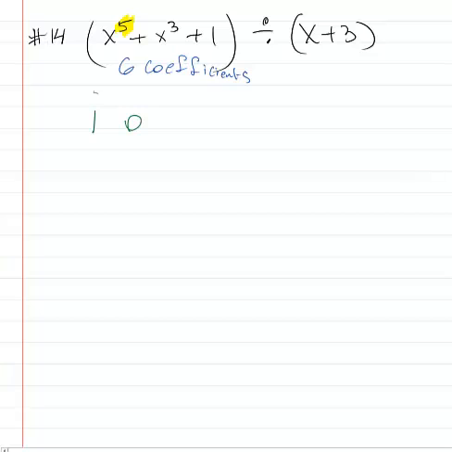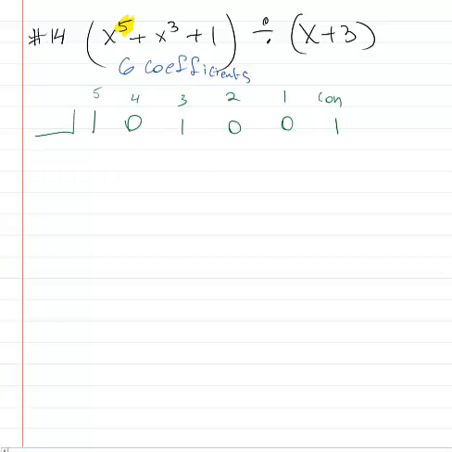So this is the 5th degree, this is the 4th degree. The 3rd degree is 1. 2nd degree we don't have, 1st degree we don't have, and then the constant is 1. So you got 1, 2, 3, 4, 5, 6 coefficients. You see it? For the ones missed in the original polynomial, we're putting zeros.